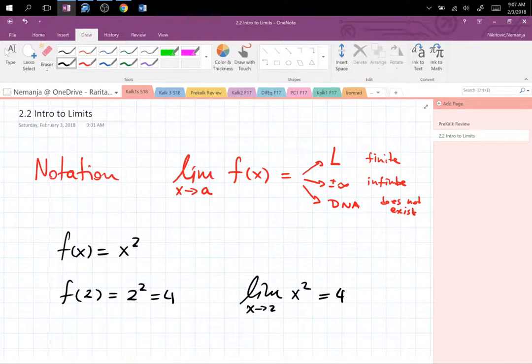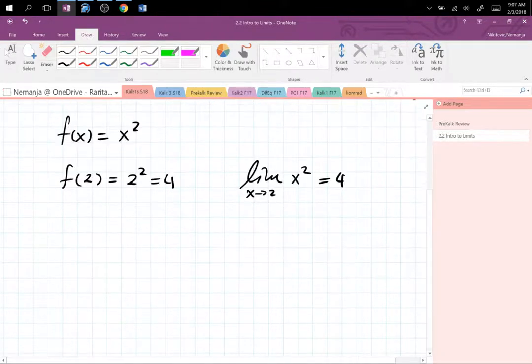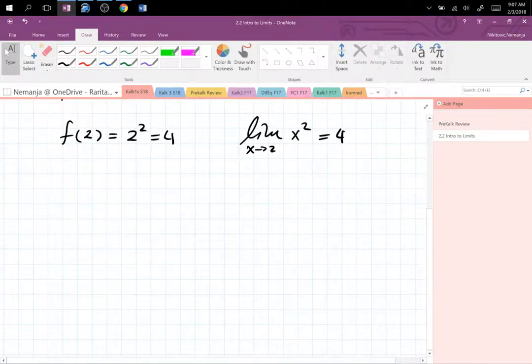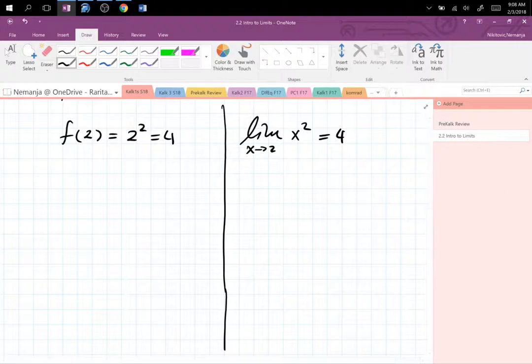So that's the first idea, and now we're going to take a look at which way the limit is different than your pre-calculus calculation. So this is like you have, I don't know, a boxing match or whatever, and you have the blue corner and red corner. Which one is going to win?